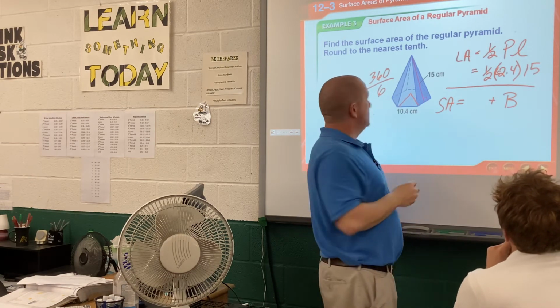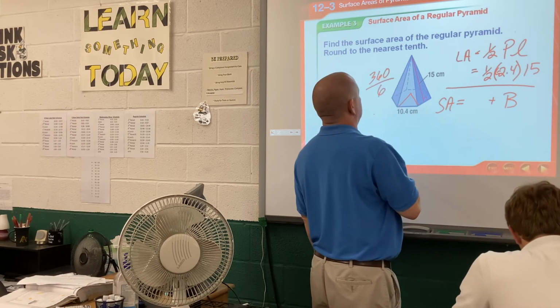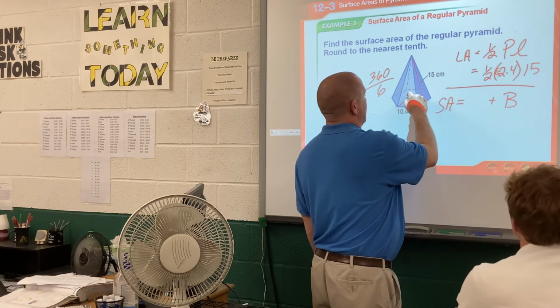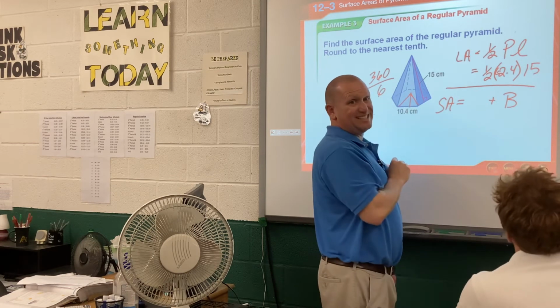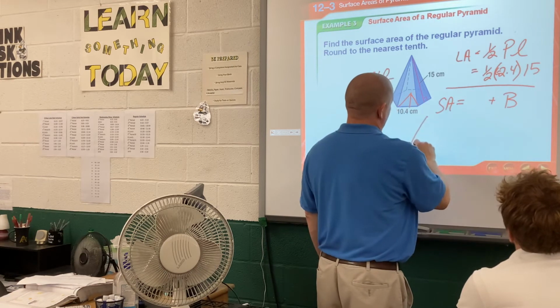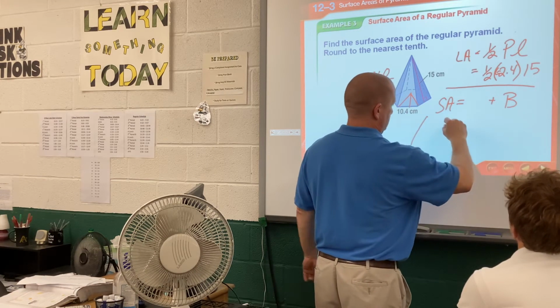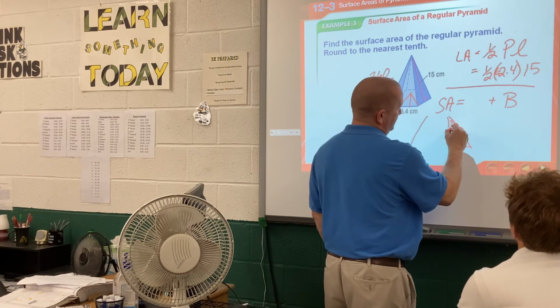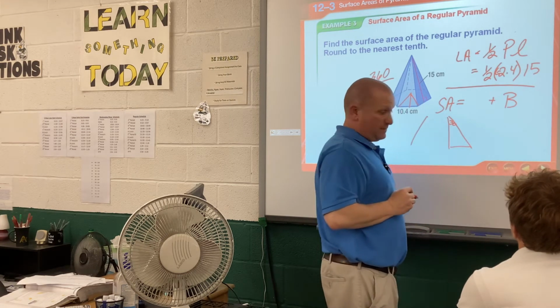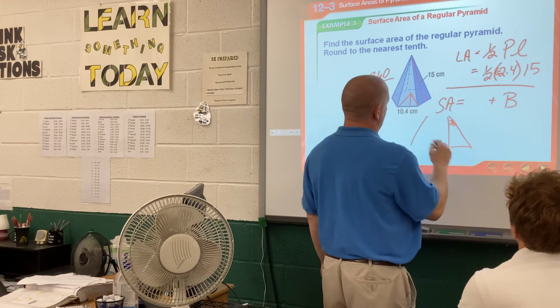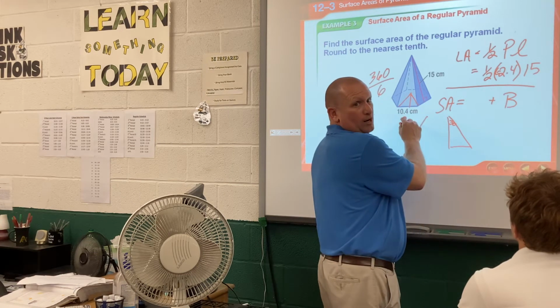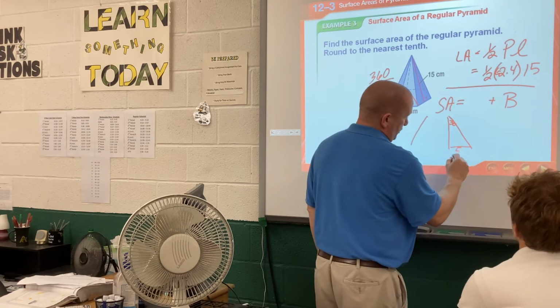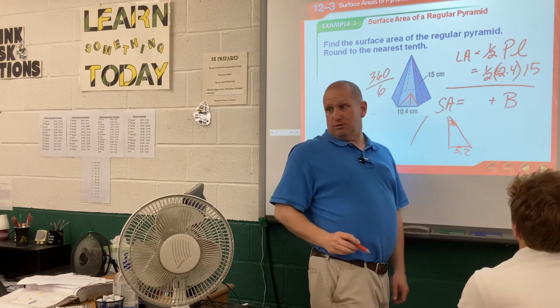So what's 360 divided by 6? 60 is up here, but then I draw my apothem, and what happens to 60? I have this triangle right here, and this is a 30-degree angle, right? So I can use special right triangles. Now, what happens to 10.4? It also gets cut in half, so I get 5.2.